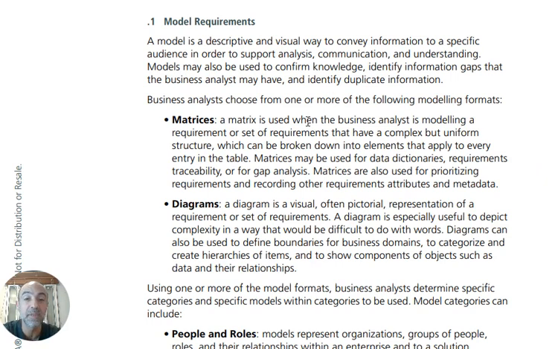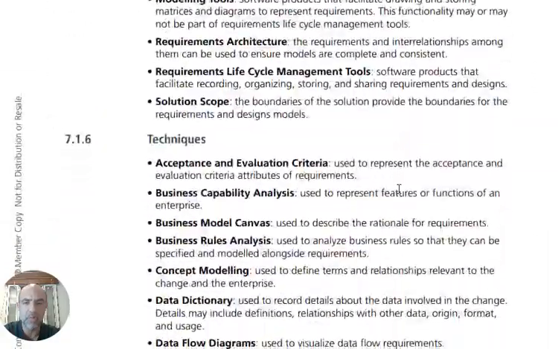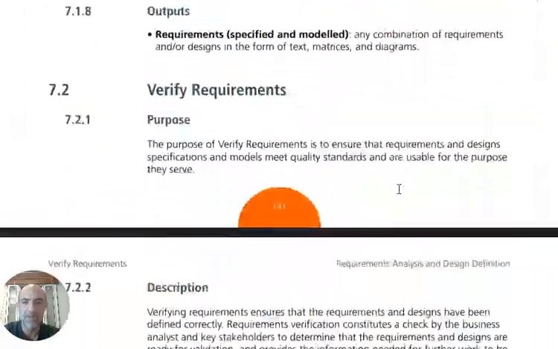Matrices. A matrix is used when the business analyst is modeling a requirement or a set of requirements that have a complex but uniform structure, which can be broken down into elements that apply to every entry in the table. I wish they would give us an example of matrices here so I can point at it.